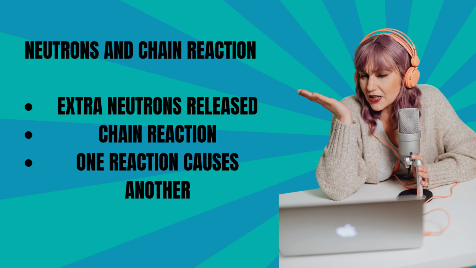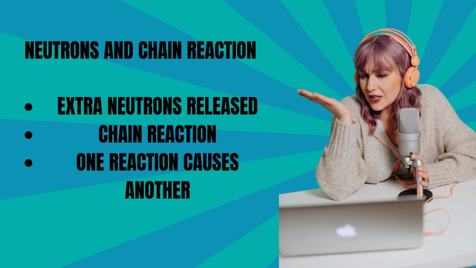Now, when we talk about a chain reaction, the neutrons released during fission don't just disappear. They go on to hit other nuclei, causing them to split as well. This creates a chain reaction, where one fission reaction triggers another fission and then another. Now, here's your key GCSE idea. In a nuclear power station, this chain reaction is carefully controlled.